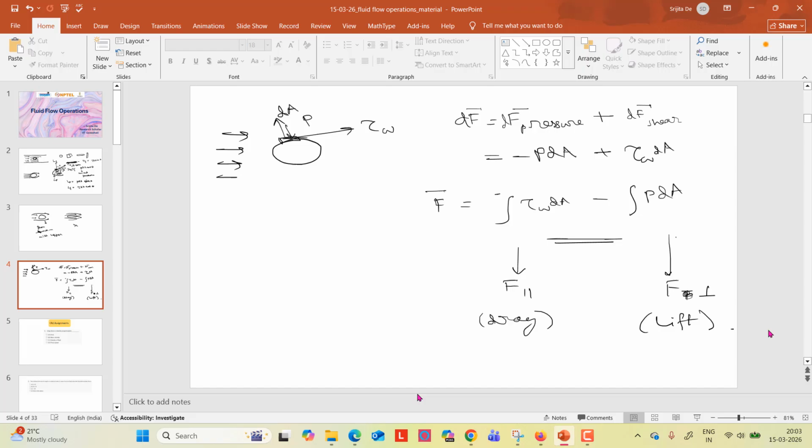Each component has contributions: the drag has pressure drag and shear drag, and the lift has pressure lift and shear lift. Okay.